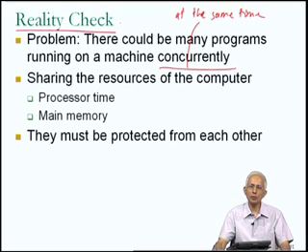Now, if there are two programs in main memory at the same time, then they must be protected from each other. This is an interesting concept. Think about it this way. If I knew that there was a program of yours running on a computer, then I could run a program of mine on the same computer with the intent of doing something bad to your program.